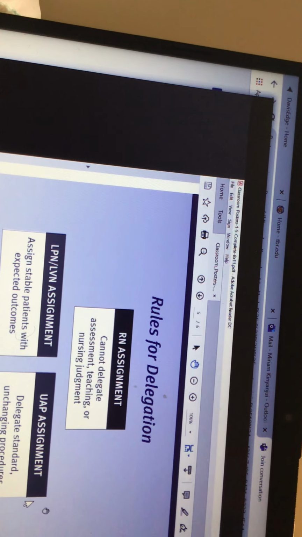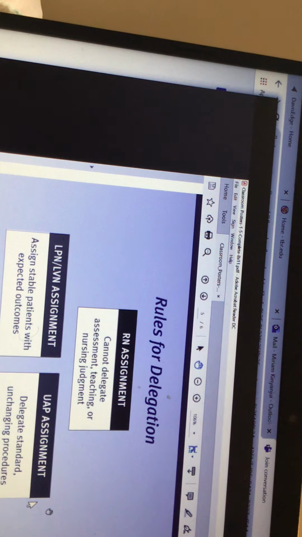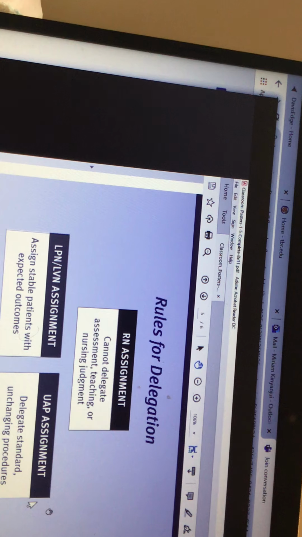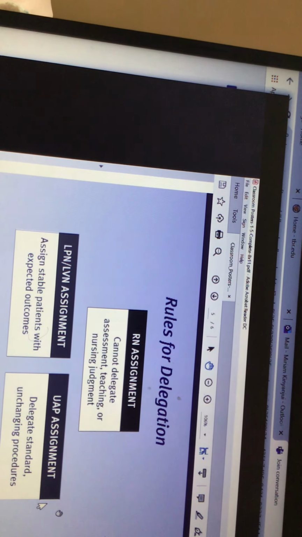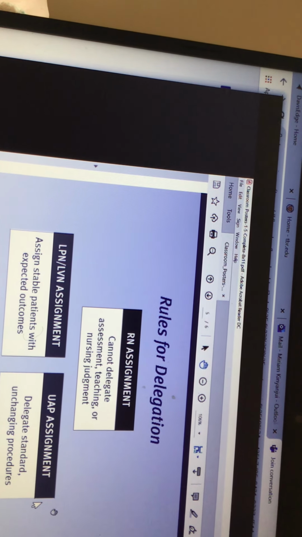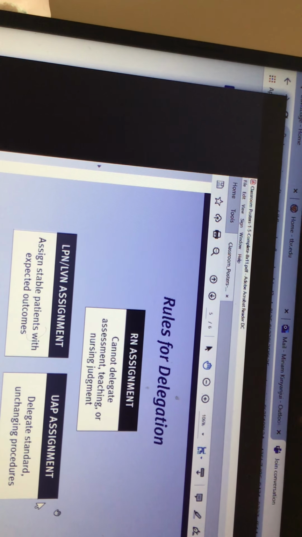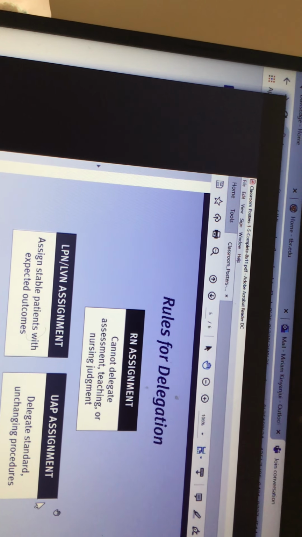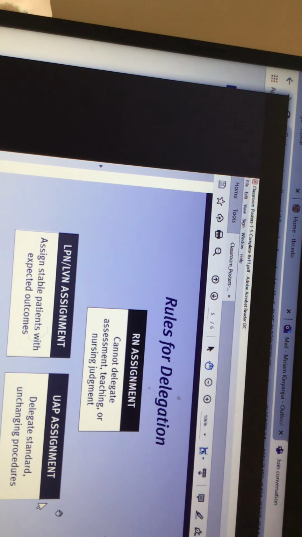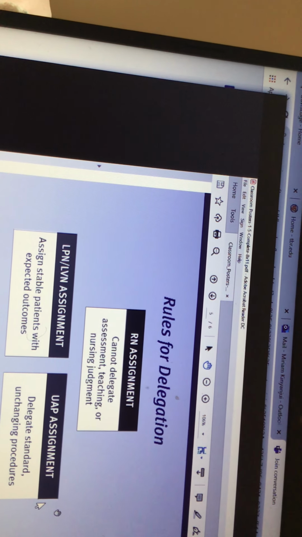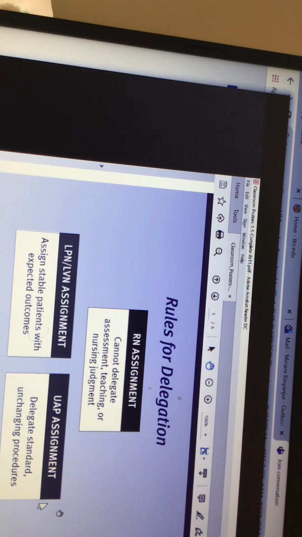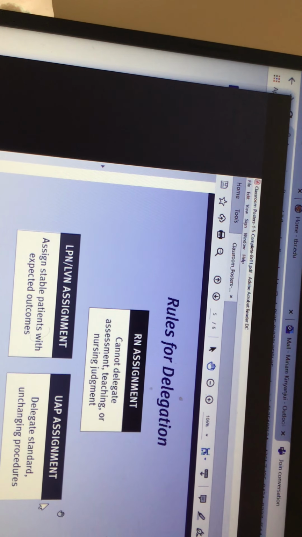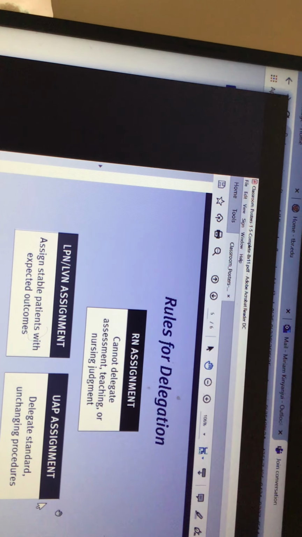An LPN cannot assess whether the tube is in the right spot, period. Only the RN can. So the RN has to say, yes, the tube is in the right spot. That's already been done. And then the aide can take over and do the tube feed. Does everybody understand that? A standard, unchanging procedure.